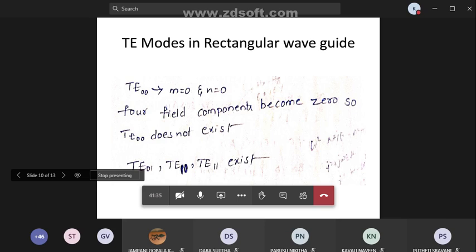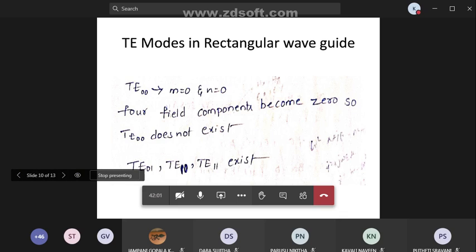In TM wave, TM 0,0, TM 0,1 and TM 1,0 do not exist. But in TE, only TE 0,0 does not exist, right? So the next modes are TE 0,1, TE 1,0, TE 1,1.